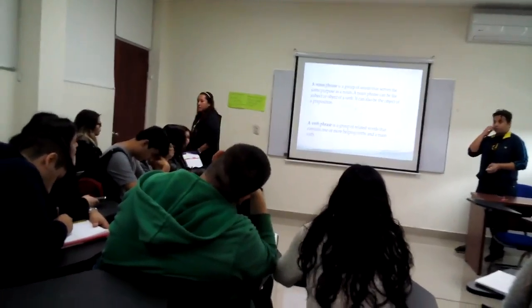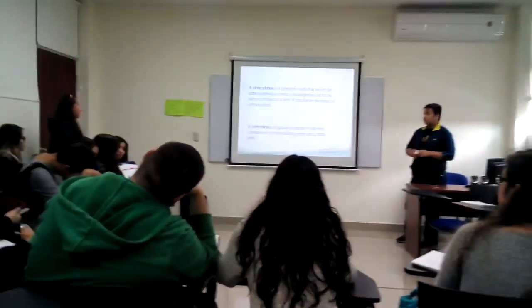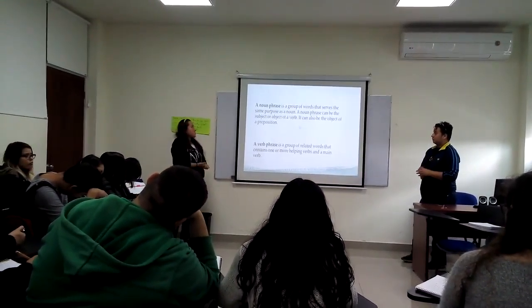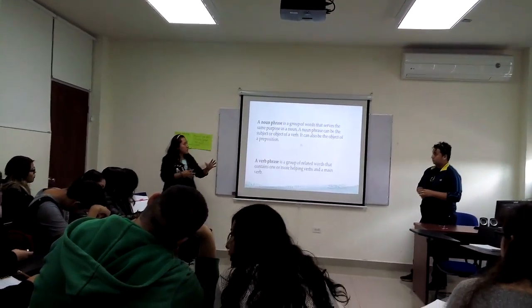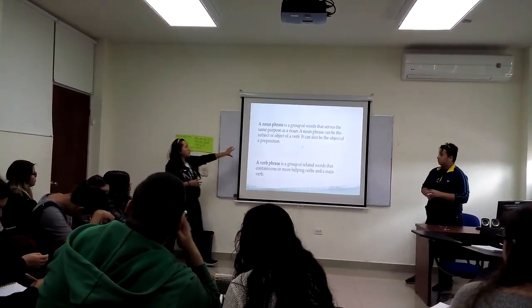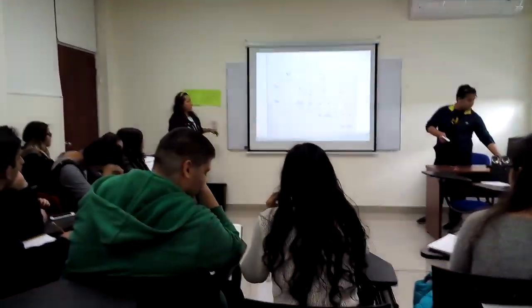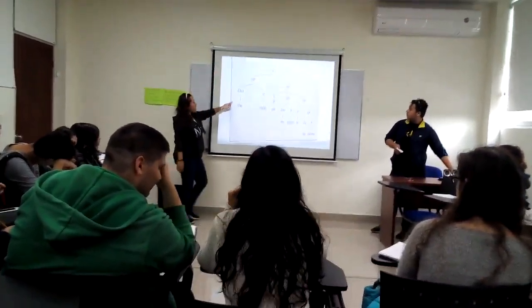So over there, I heard over there. Would you please explain again? Okay. As we told you, a noun phrase is a group of words that have the same purpose as a noun. For example, here we have the noun phrase.